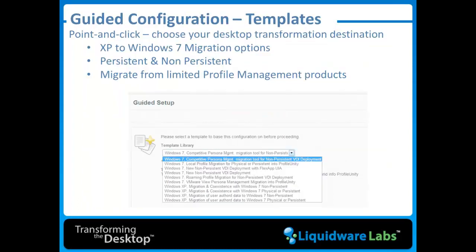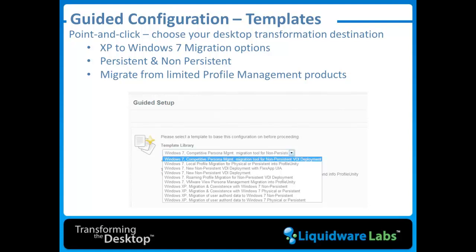Or guided templates, that's a new one there for our configuration. Before, it was fast to set up ProfileUnity because we would set you up in the best case scenario, as if you already had maybe Windows 7. And for our virtual customers, we got a lot of virtual desktop customers, so we had set it up for non-persistent use. That may or may not have been the best scenario for all of our customers to get off and running.